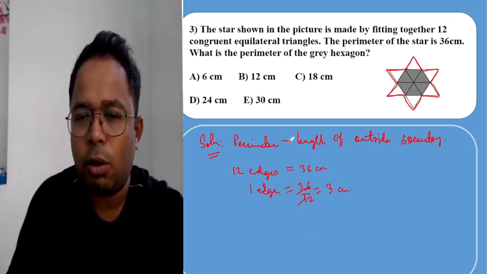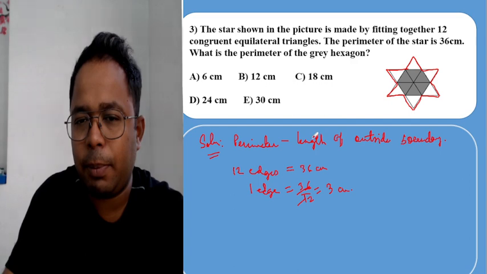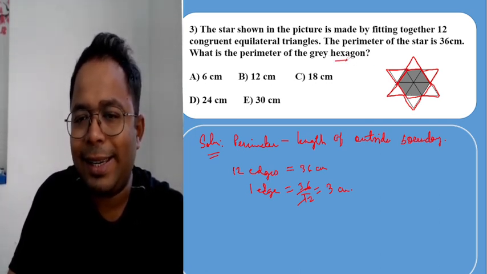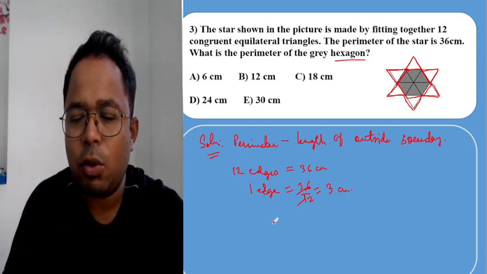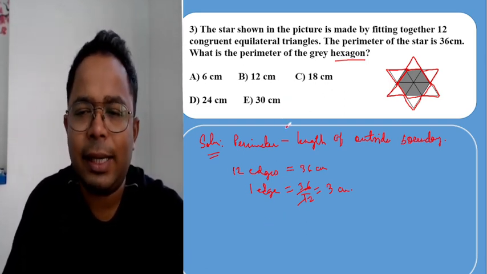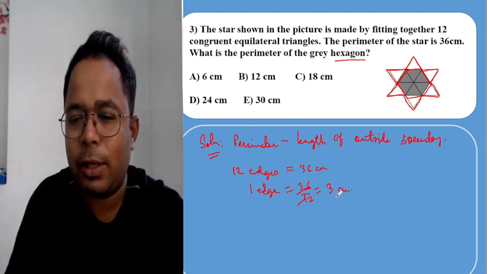Now talking about the gray hexagon. What is the perimeter of the gray hexagon? We require this measurement. 1, 2, 3, 4, 5 and 6. A hexagon definitely has 6 sides. As it is an equilateral triangle, this side will also be 3 centimeter.